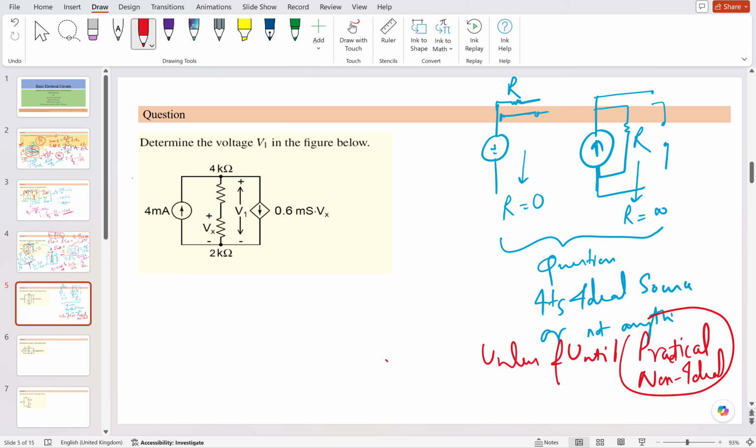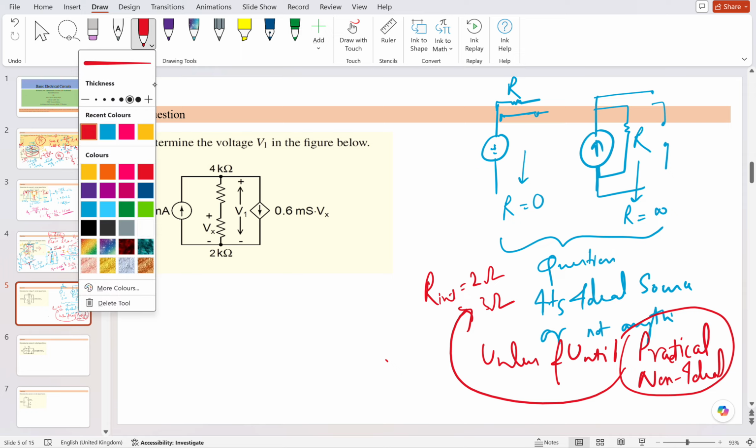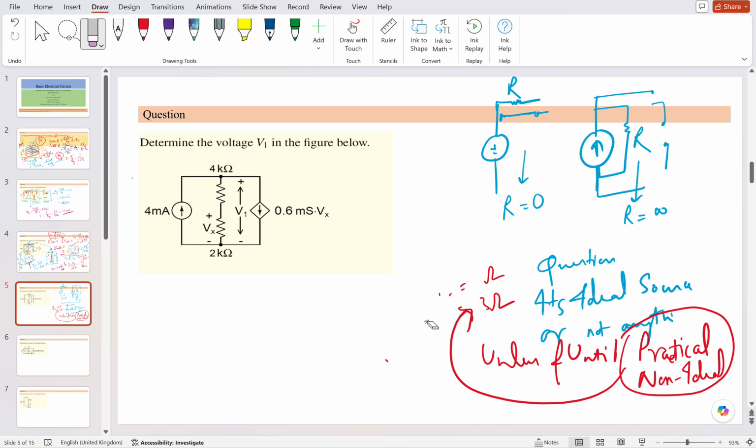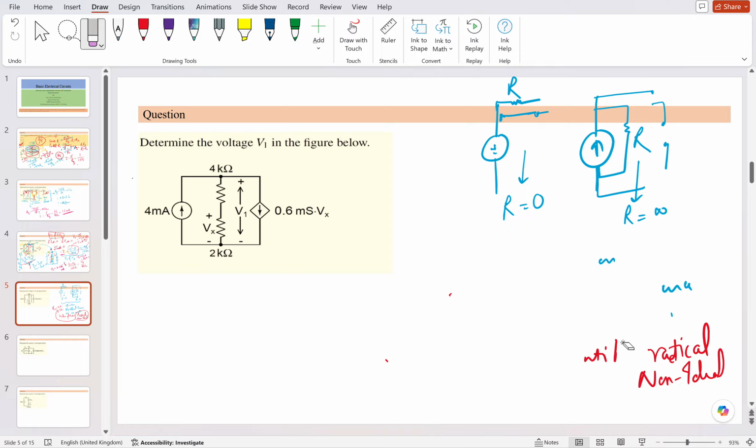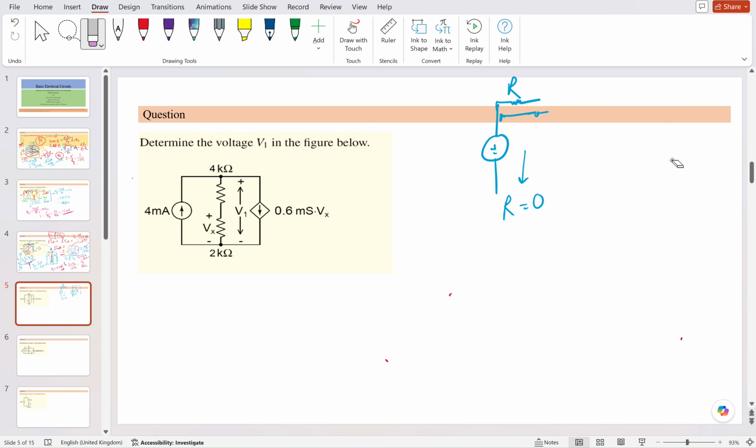And if it is written, then they will provide a value of the internal resistance, like 2 ohm, 3 ohm, or any value that will always be specified in the question. It will not be left open for you to assume a certain value. If it is non-ideal behavior, then it will be written in the problem and the value will be given.